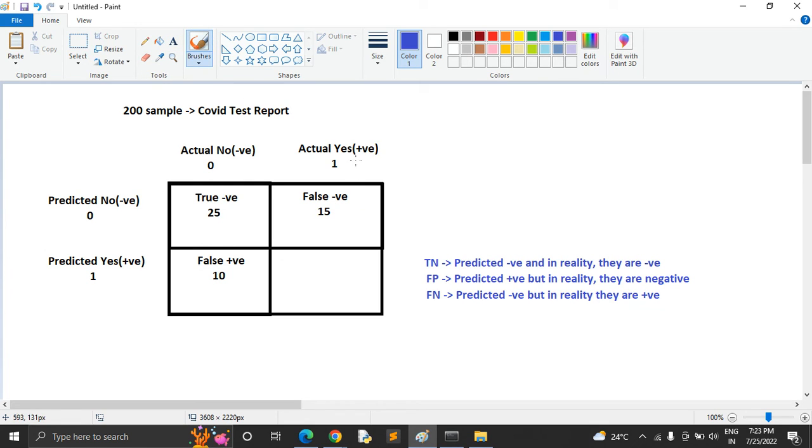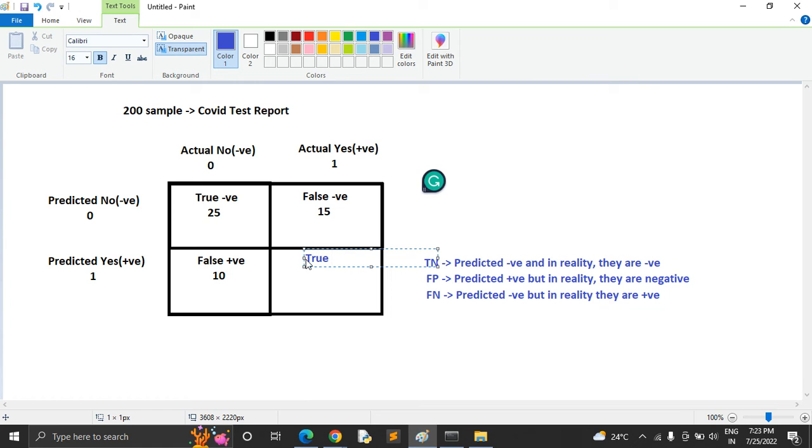So this scenario is called true positive, where people are actually COVID positive, and the model also says that yes, they are positive. So here, the model has correctly identified the people who are COVID positive, right?